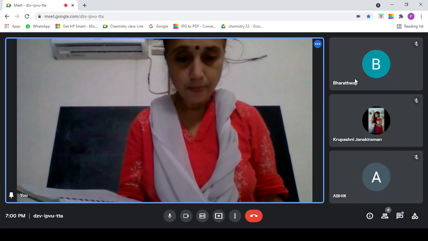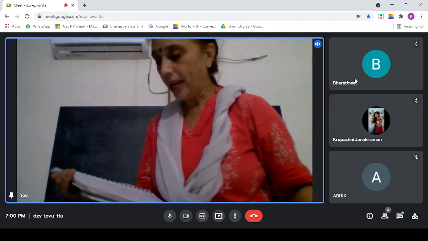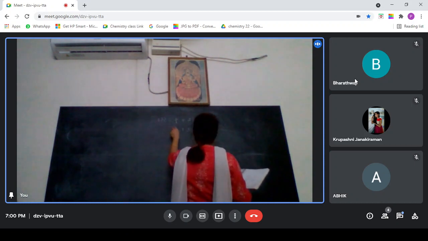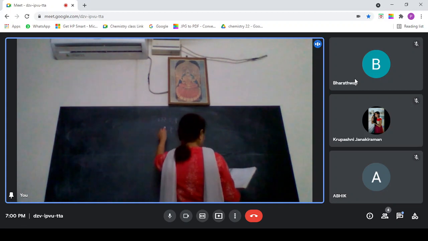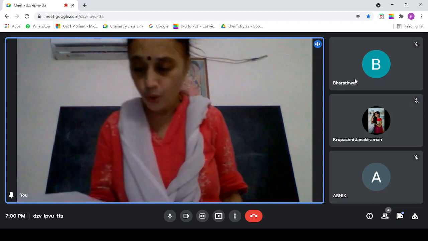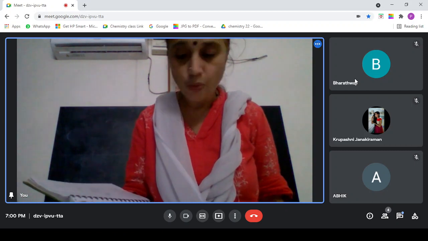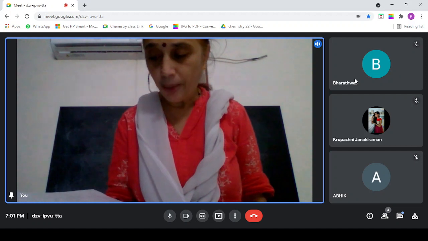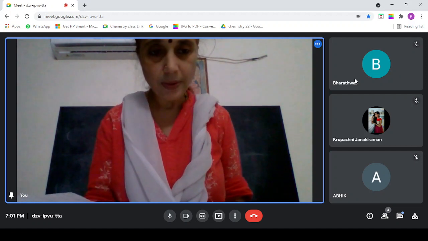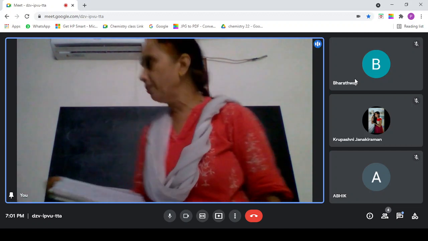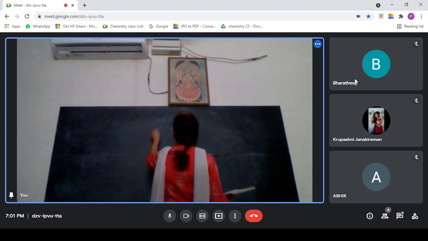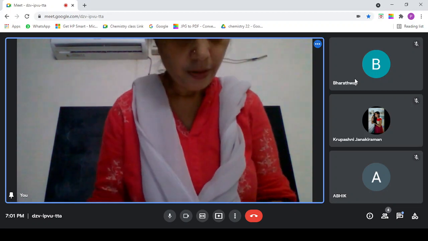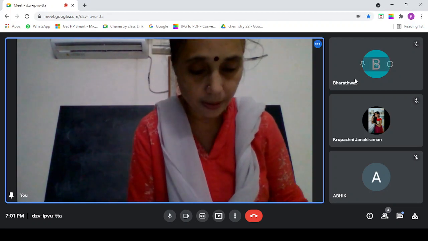But when 4 moles of X and 1 mole of Y are mixed, the vapor pressure of the solution formed is 560 millimeters of mercury.